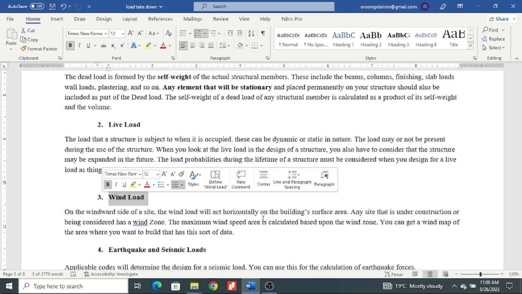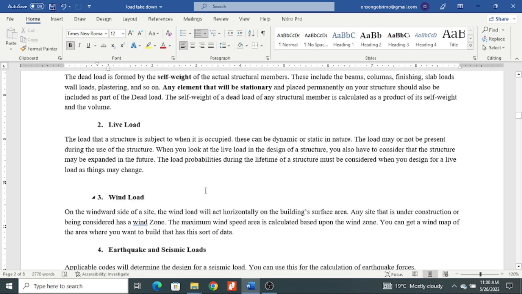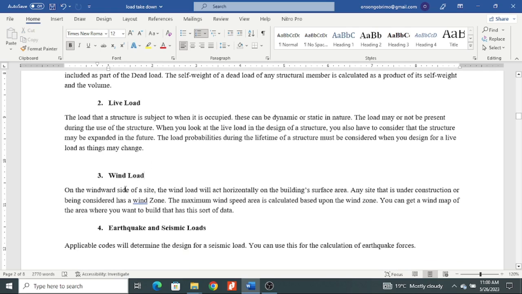Because the building has a surface area and wind is running horizontally, the wind imposes a load on our building, and wind speeds are normally calculated depending on the zone where we are, and actually every zone has its own basic wind speeds, so you should not use different wind speeds for a different zone. Just find out where you are, go to the meteorological department, get your wind speeds so that they help you when designing structures for wind.